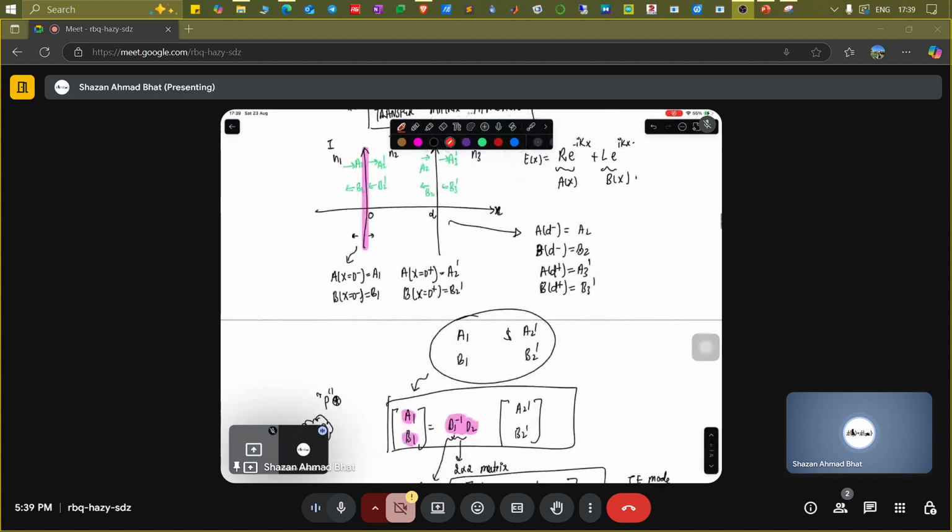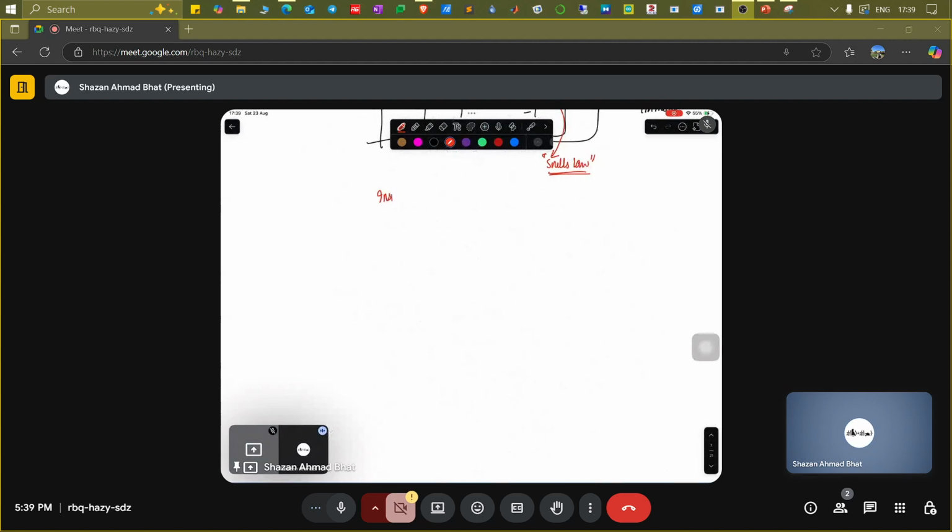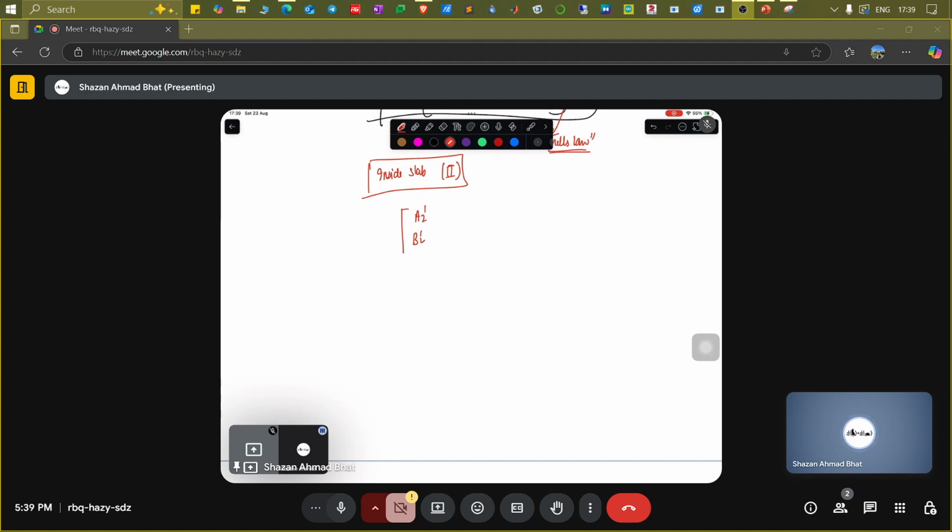Now, if we talk about inside the slab, that means we are talking about region 2. What is going to happen is that A2 dash, B2 dash can be related to P2, which is the propagation matrix, times A2, B2. This was region 2.